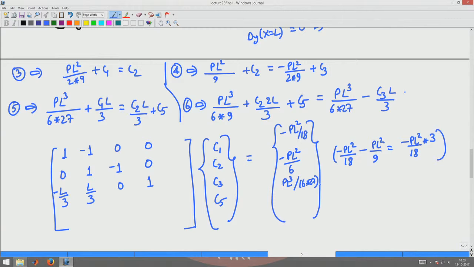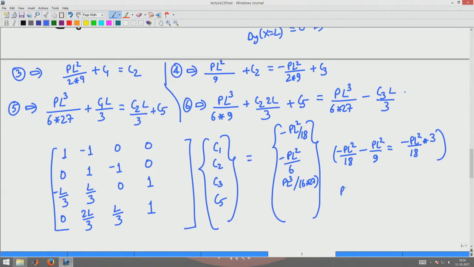Okay. The sixth equation that we have here, I will bring L by 3 on to the left hand side. So, I have no C1 contribution there. C2 has coefficient 2L by 3, C3 has coefficient L by 3 and C5 has coefficient 1, and I have to take PL cube by 6 into 9 to the other side.